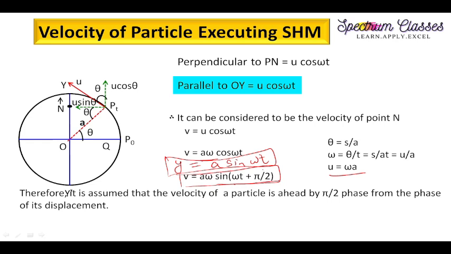If we compare these two, here the phi value is 0, and in this case it is pi by 2. So we can say that the velocity of a particle is ahead by pi by 2 phase from the phase of its displacement, if the particle is moving in this direction. That we are going to discuss next, right?